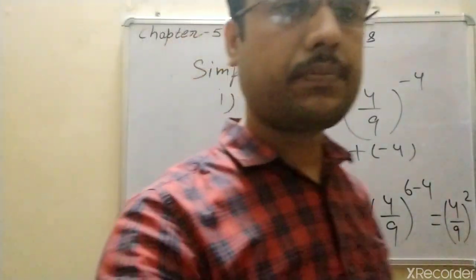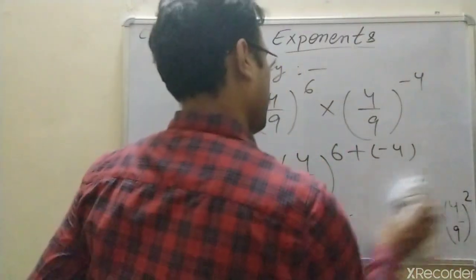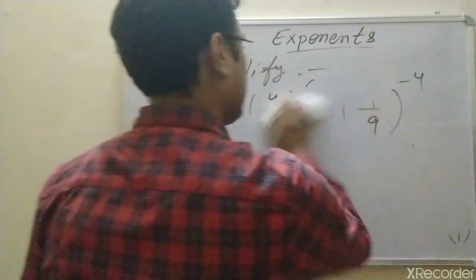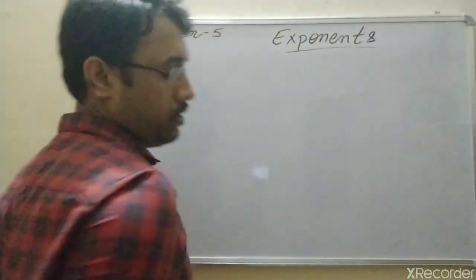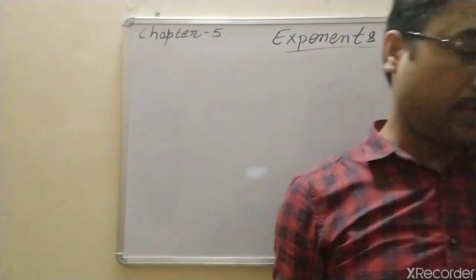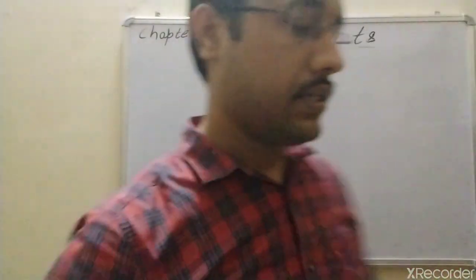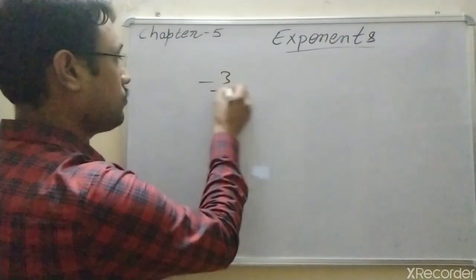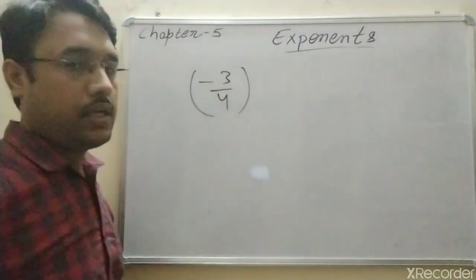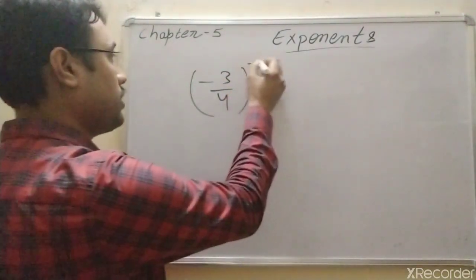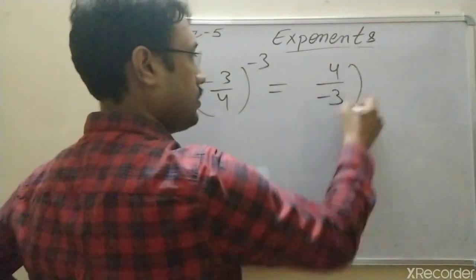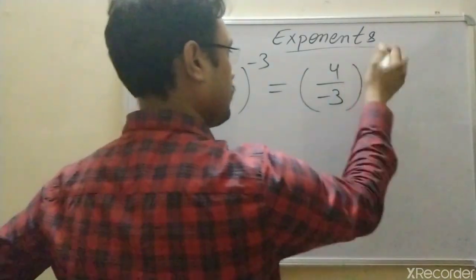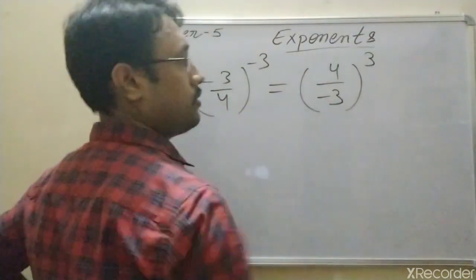More simplification, where you will first simplify the given expression and write the result as a rational number. If the number is given as minus 3 by 4 to the power minus 3, then what you will do is 4 by minus 3, with the exponent sign changed to plus 3.